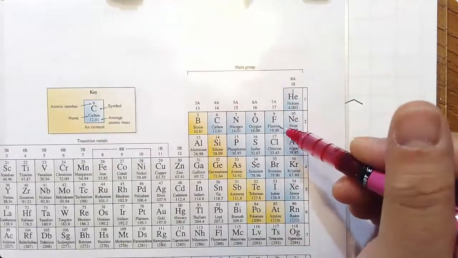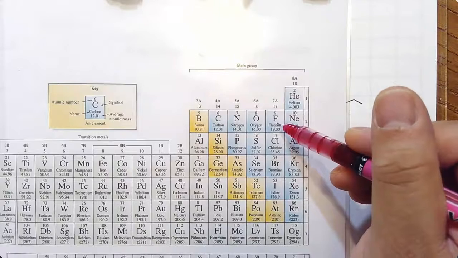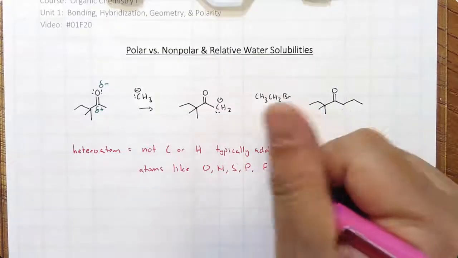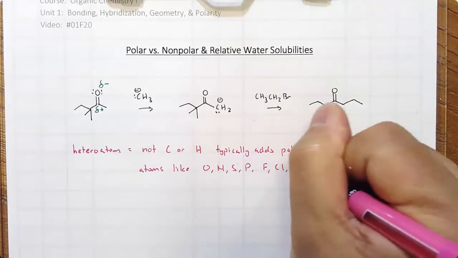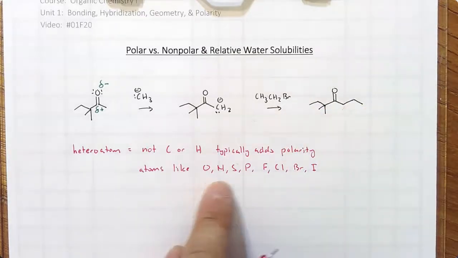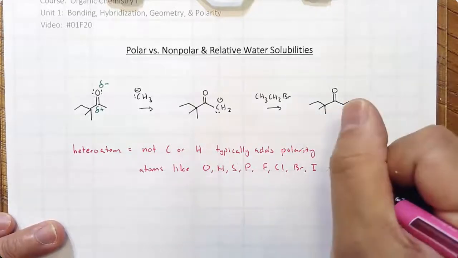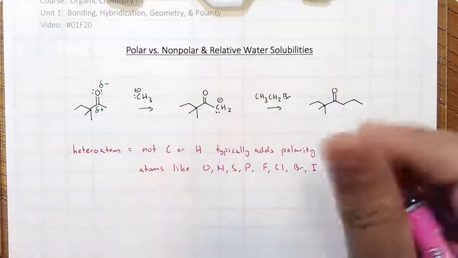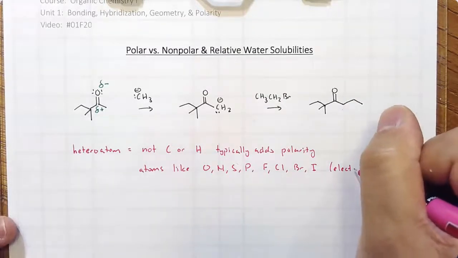Halogens, or some people call them halide atoms: fluorine, chlorine, bromine, and iodine. Those atoms, along with the nitrogen, oxygen, sulfur, phosphorus, are electronegative compared to carbon and hydrogen. They pull electrons towards them when they're bonded.